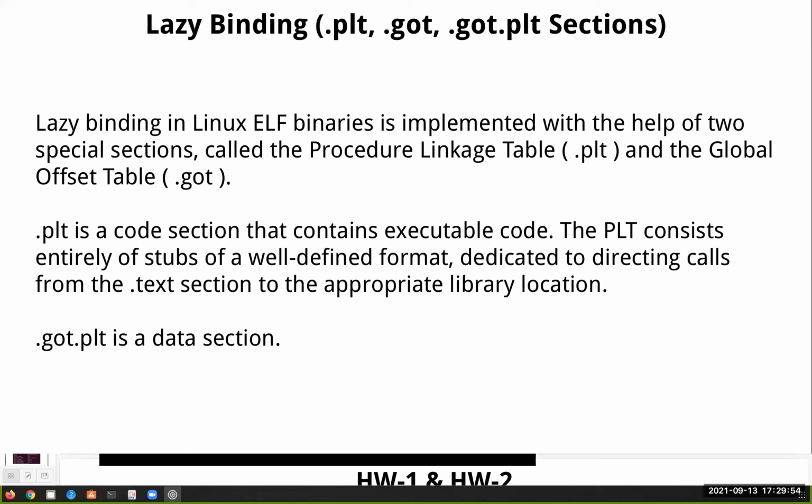Then there is the global offset table, GOT. That one is actually addresses. So the PLT is the code section. It has stubs for all the library functions. And the GOT, or GOT PLT, is a data section that has those addresses.